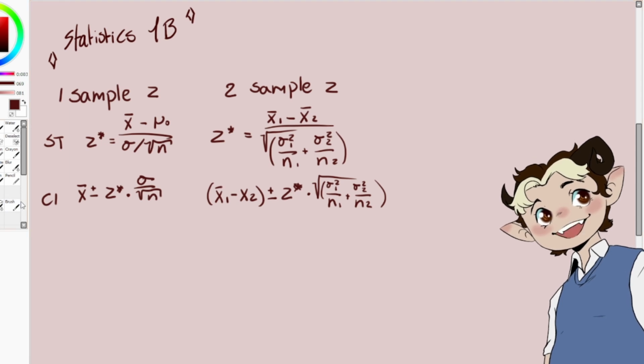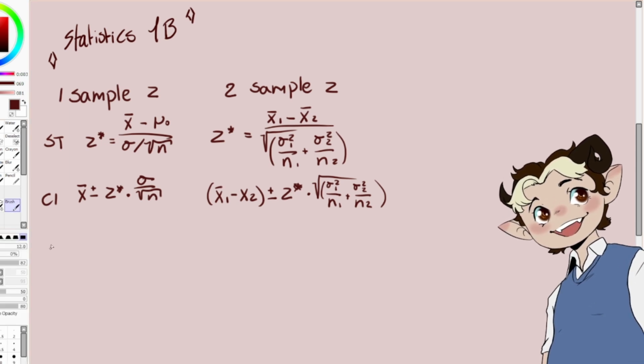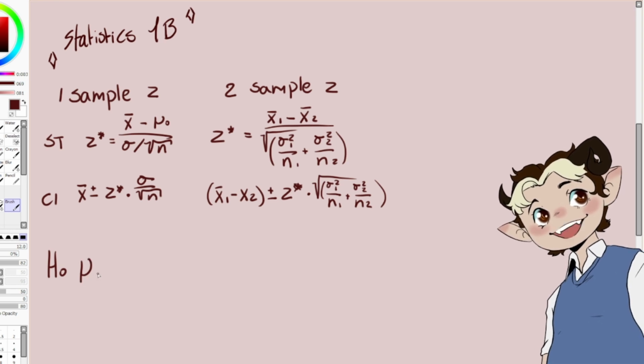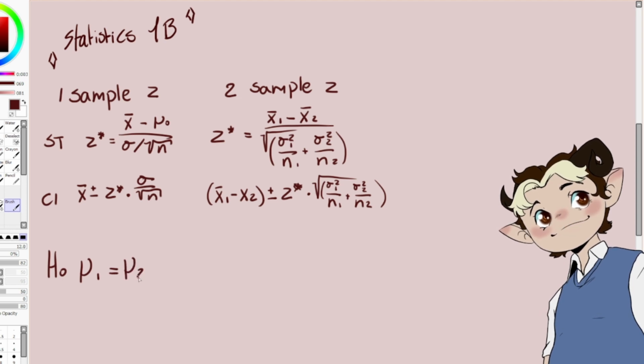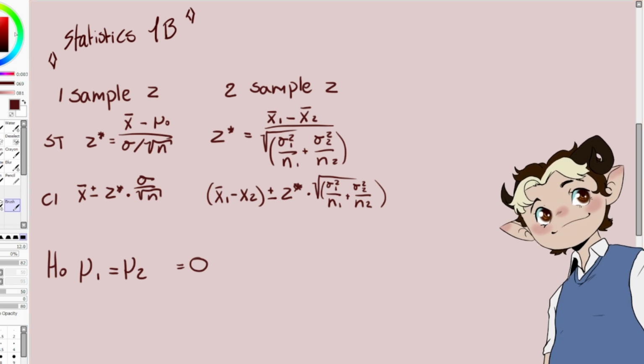Why is that? Well, it's because in the two sample, they basically say that mu1 and mu2 are the same thing, aka the difference is 0.